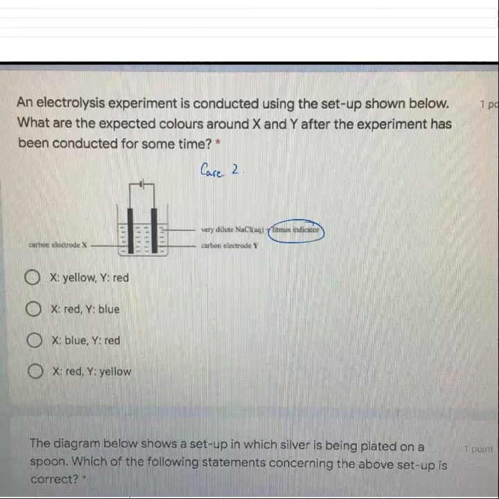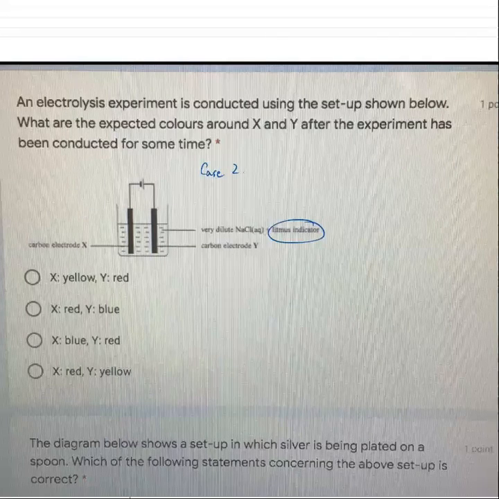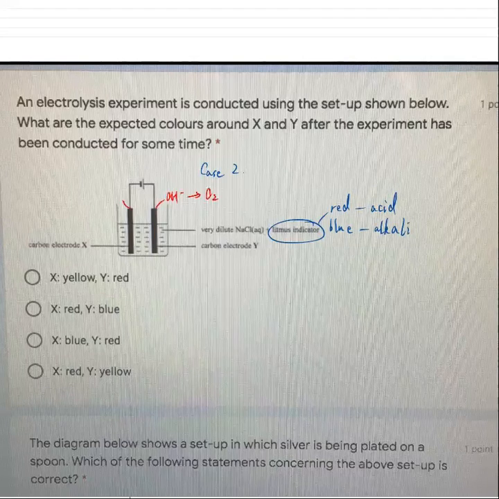You need to remember that litmus indicator will show red in acid and show blue in alkali. At the positive electrode, hydroxide ion gets discharged to form oxygen. At the negative electrode, hydrogen ion gets discharged to form hydrogen.